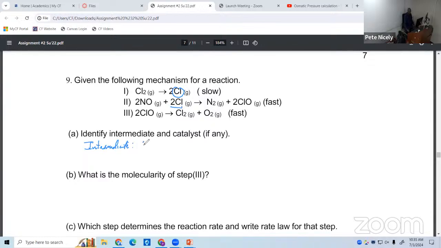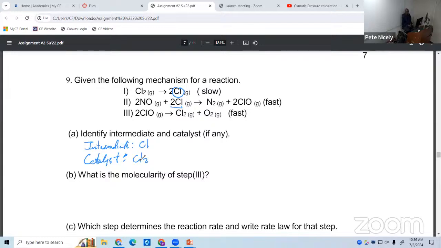So the intermediate here would be the chlorine, not the Cl2, but the Cl, all right? So the catalyst, as I said before, is used up in an earlier step and produced in a subsequent step. So based on that definition, what would you say the catalyst is? Based on the mechanism provided. Cl2. Cl2, exactly. So the Cl2 would be the catalyst, all right?